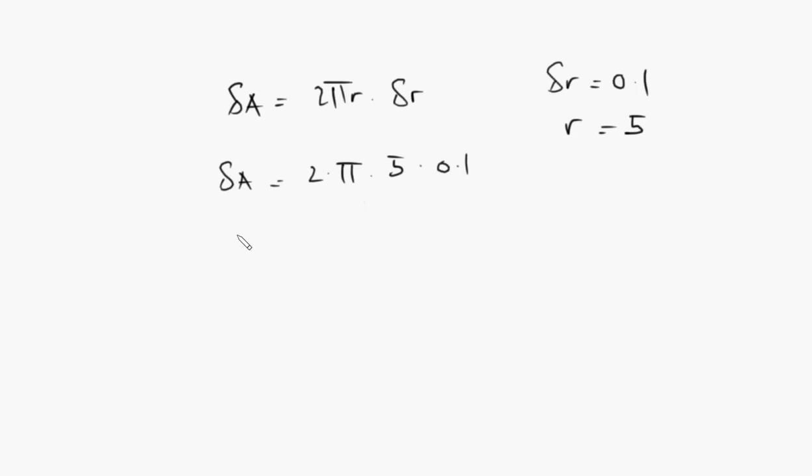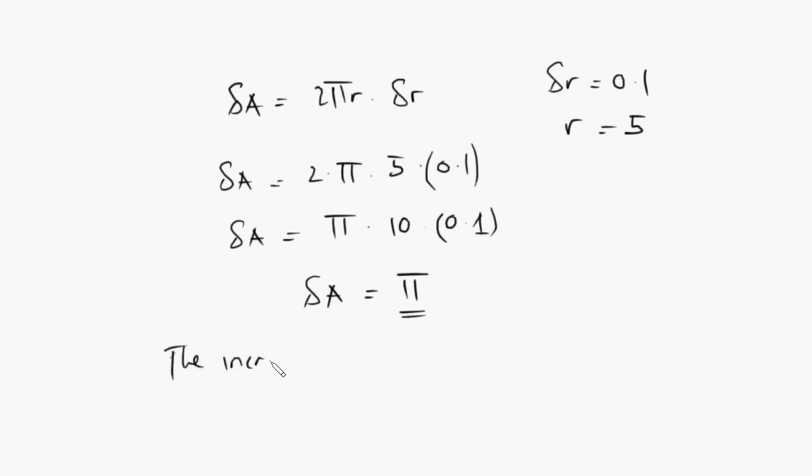So 2 times 5 is 10, so I have pi times 10 times 0.1. 10 times 0.1 is just 1. So my change in area is just pi. So the increase in area of a circle is pi due to that change. So we have finished the second one.